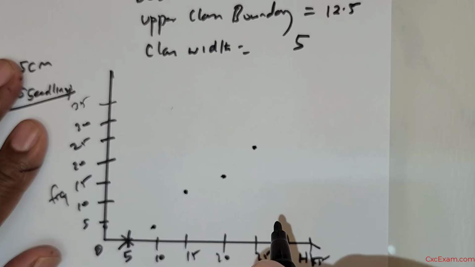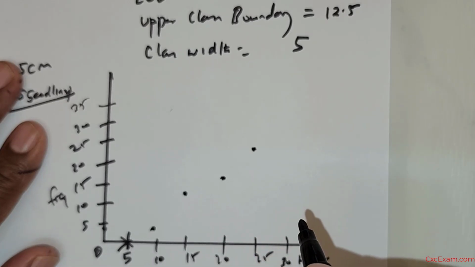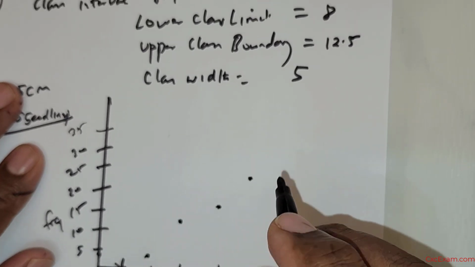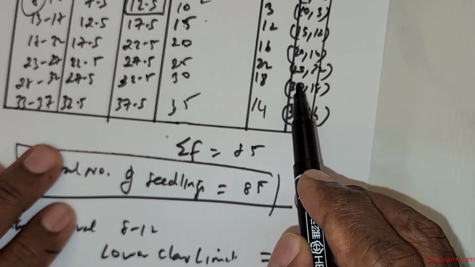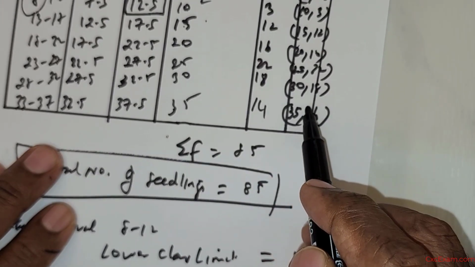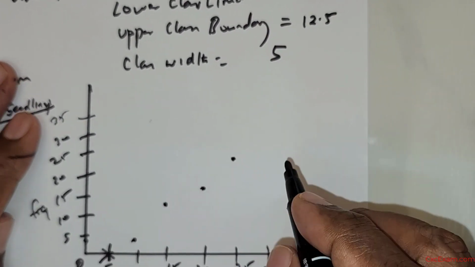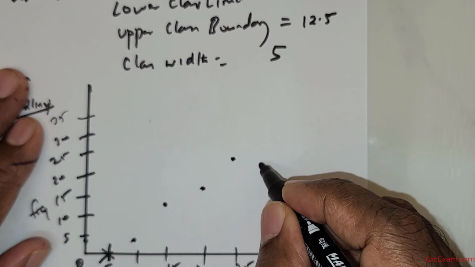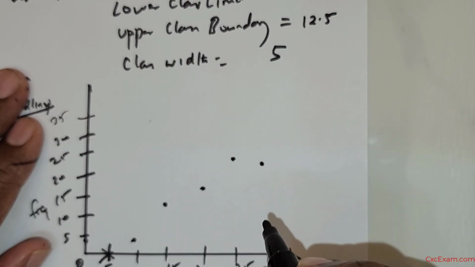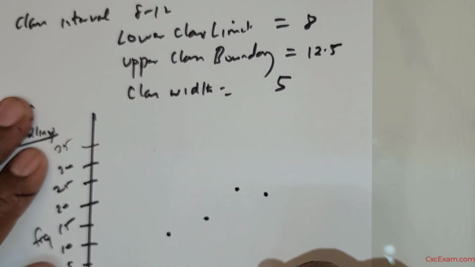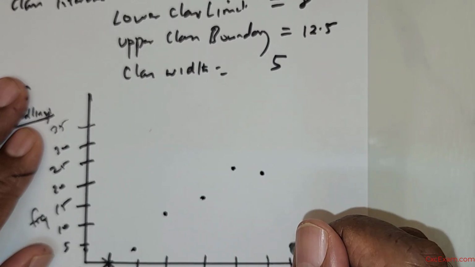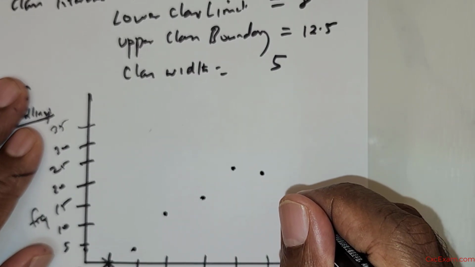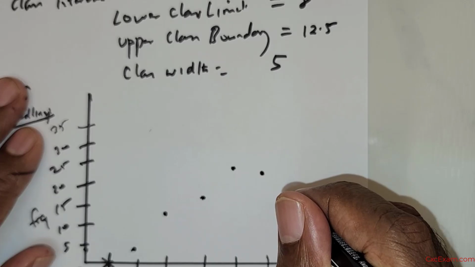Okay. And then what is the other thing? Then 30, 18. So it's going down. So once it reaches 30, 18 is over here. Approximate value. 35, it is 14.